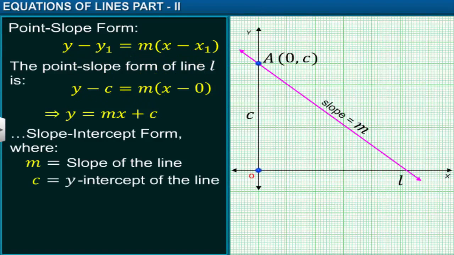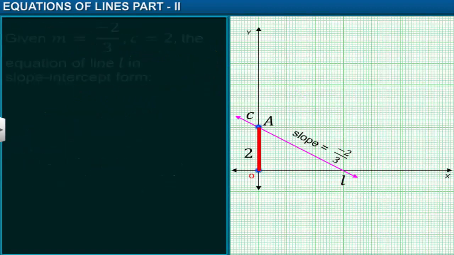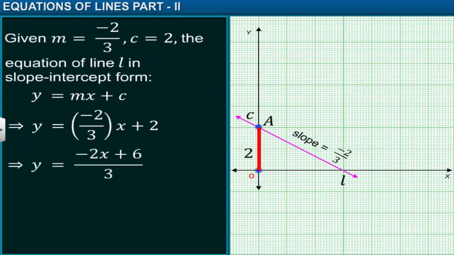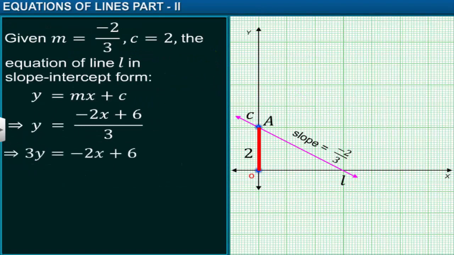For example, let us find the equation of a line with the y-intercept 2 and slope -2/3. Using the slope-intercept form, the required equation of the line is 2x plus 3y minus 6 is equal to 0.